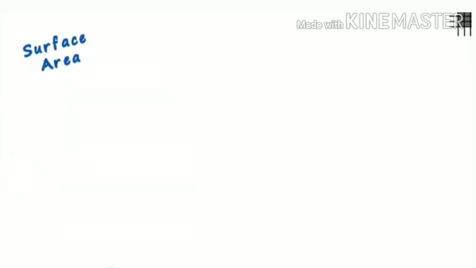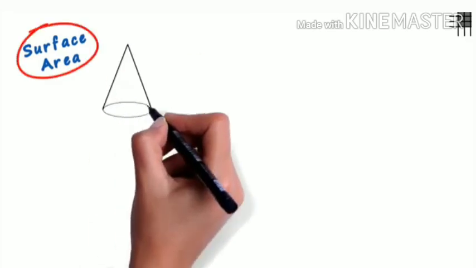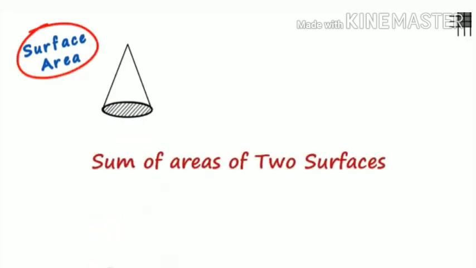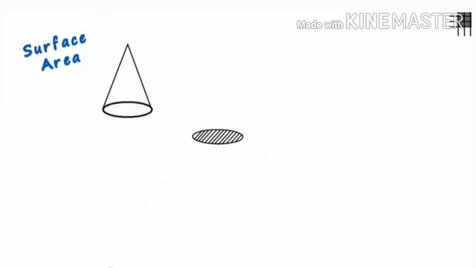Now we will learn what the surface area is. Surface area of the cone is the sum of areas of two surfaces. If we remove the base, what are we getting? CSA, curved surface area. And the base is a circle.